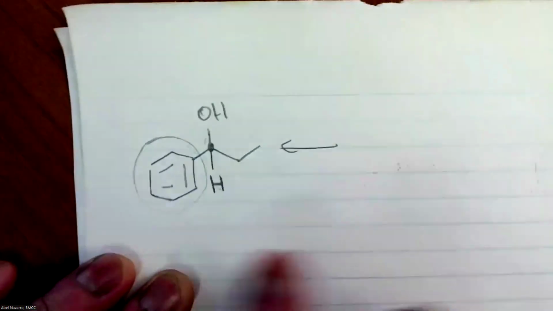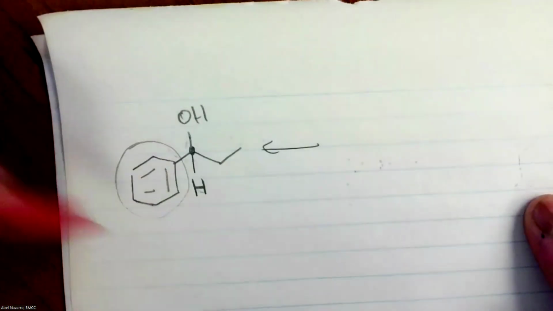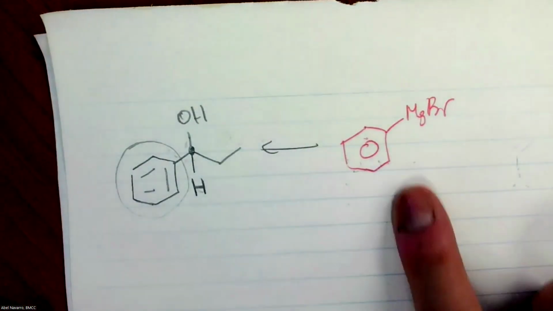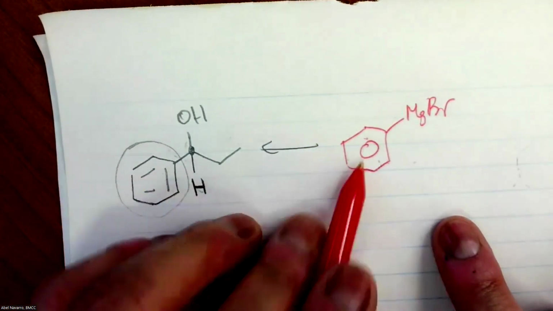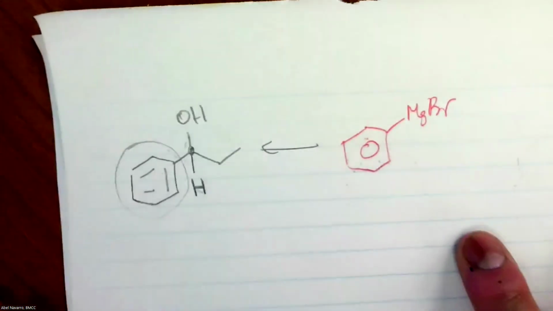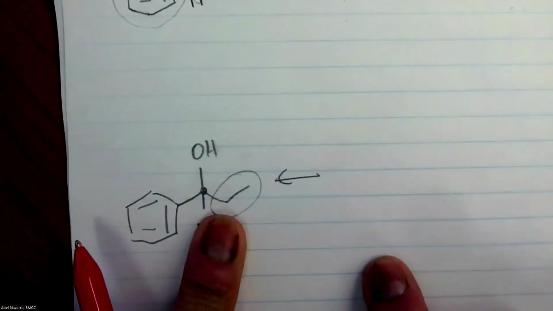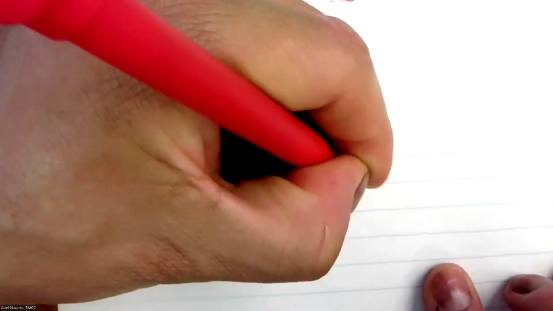Okay, so let's go back. This one is my Grignard, the one in the circle. I replace the conjugated ring with a little circle in the middle. That's totally valid. And here will be the ethyl, right? Ethyl Grignard.